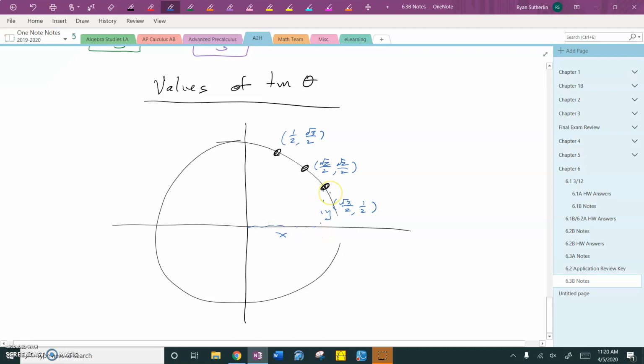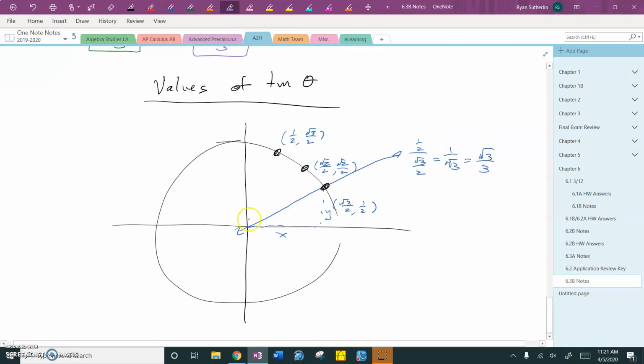Well, if I take y over x, really what that is, if I think about drawing my line, that is the slope, right? Y over x would be change in y over change in x would be the slope. So I'm going to calculate these one time. So if I do 1/2 divided by root 3 over 2, this is the one we did earlier, which we get 1 over root 3, which is root 3 over 3.